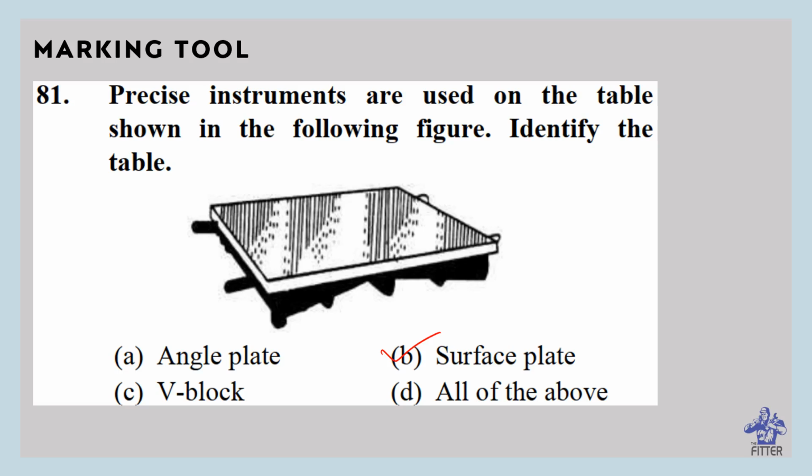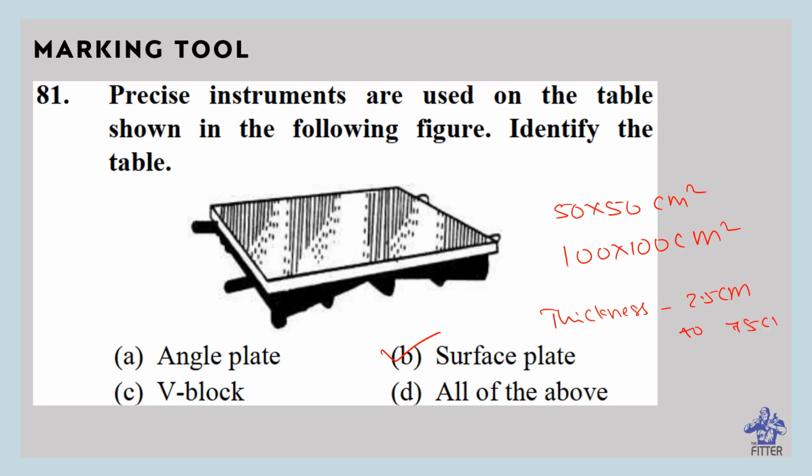Surface plate is available in many sizes, but generally 50 by 50 centimeter square and 100 by 100 centimeter square sizes are used. It is available in thickness of 2.5 centimeters to 7.5 centimeters.